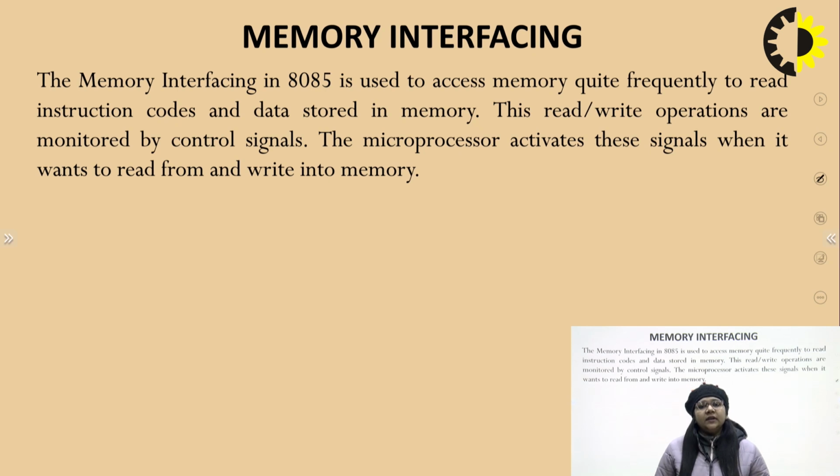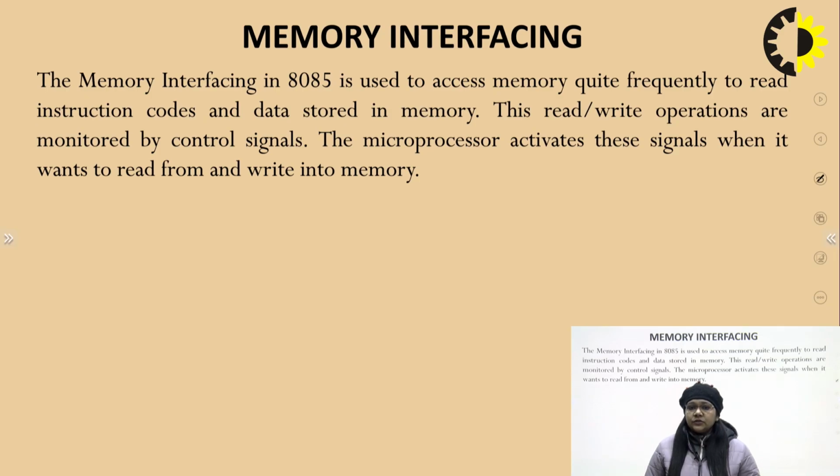As we all know, there are three control signals: read, write and IO/M bar. IO/M bar is the pin which decides whether the microprocessor is interfacing with input-output or with the memory.